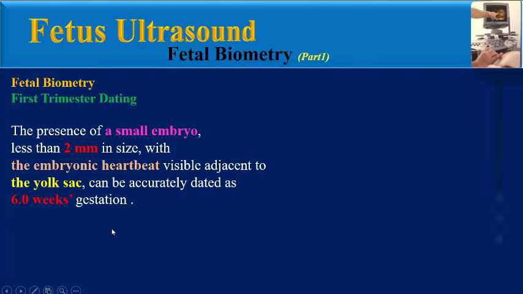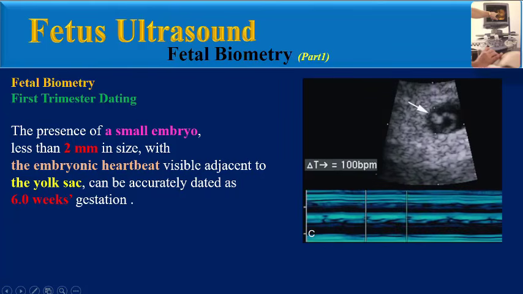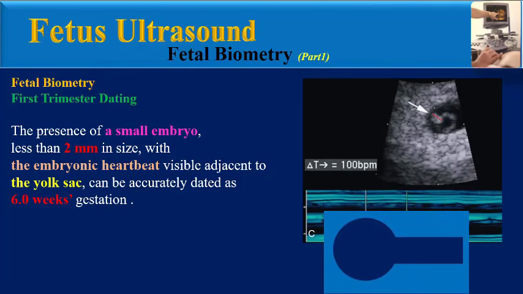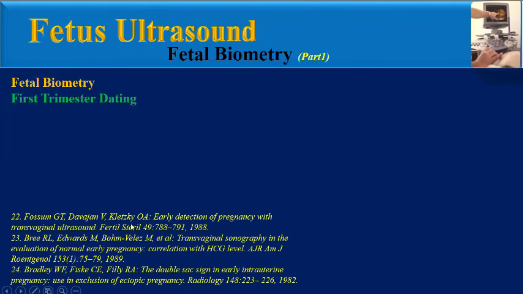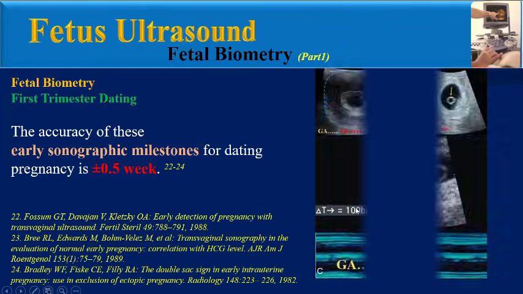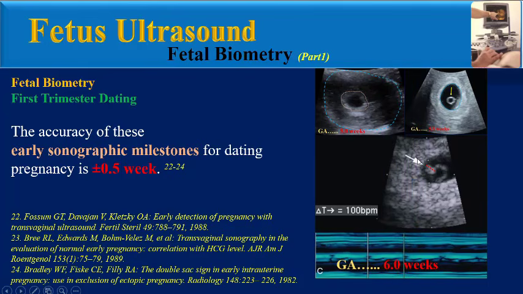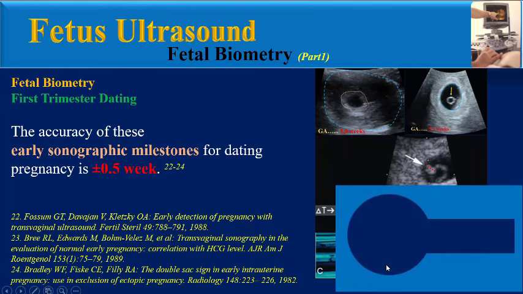The presence of a small embryo less than 2 mm in size with the embryonic heartbeat visible adjacent to the yolk sac can be accurately dated at 6 weeks gestation. According to many studies, the accuracy of these early sonographic milestones for dating pregnancy is about plus or minus half of a week.